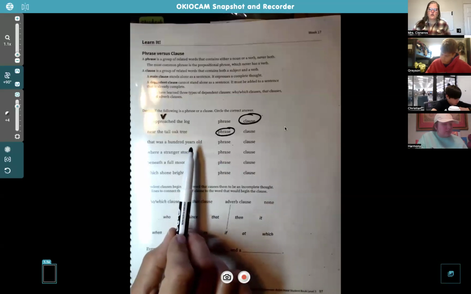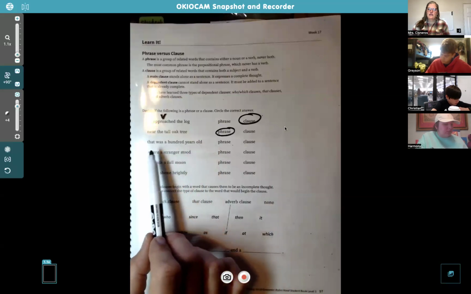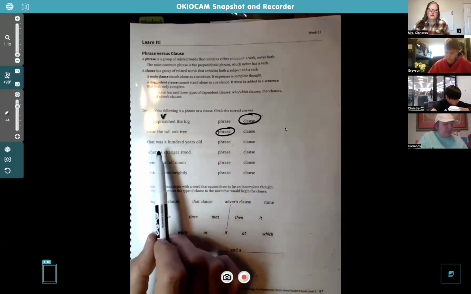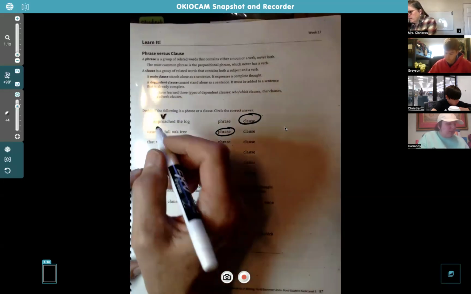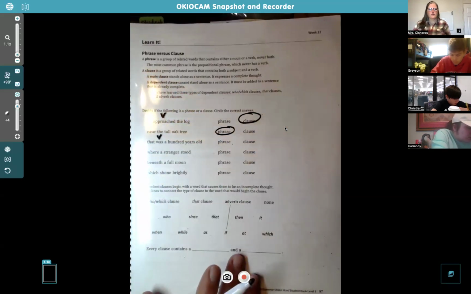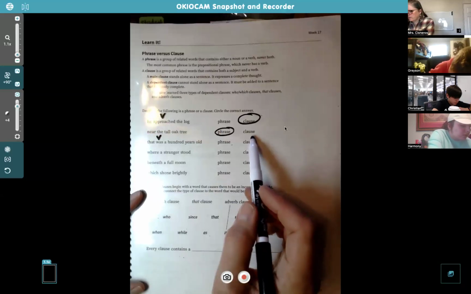Good. Do you see a verb there in that sentence? I see a linking verb in there. That was. Was. Good. Was. That word was is actually a linking verb. So does that make it a phrase or a clause? Was. Good. Yes. Clause. Awesome.